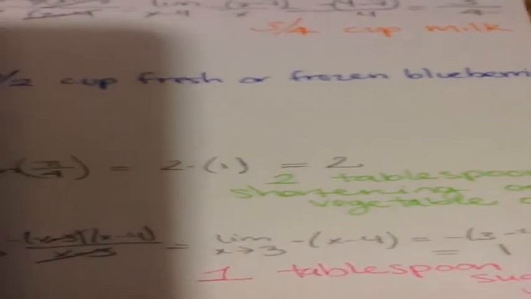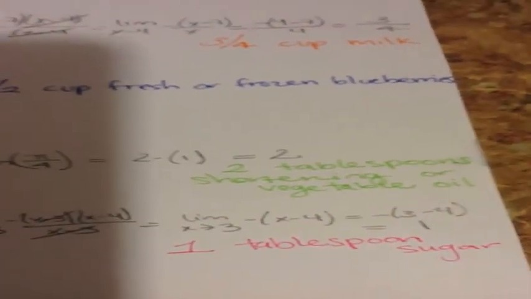When you divide pi over 2 by 2, you get pi over 4. So I found tangent of pi over 4, which is 1, then I multiplied it by 2, which gives me 2. So we're going to have 2 tablespoons of shortening or vegetable oil, and we're using what looks like vegetable oil. So for our last and sweetest ingredient, Anna's going to explain in just a sec.